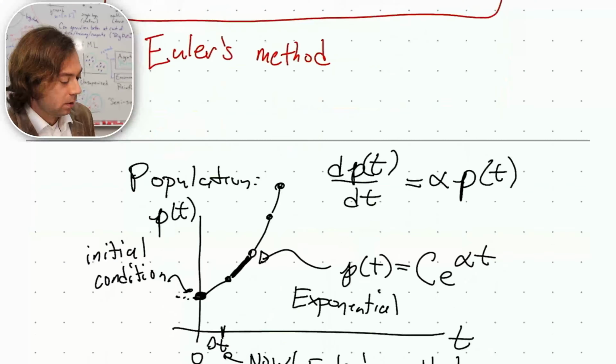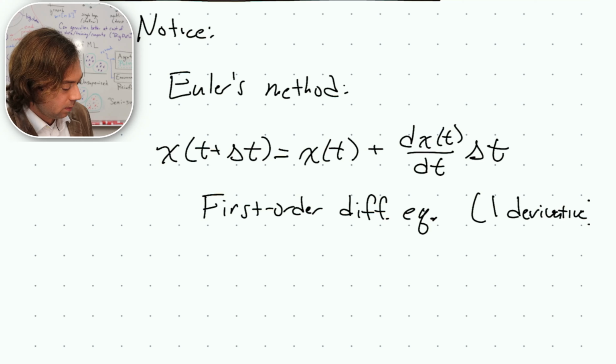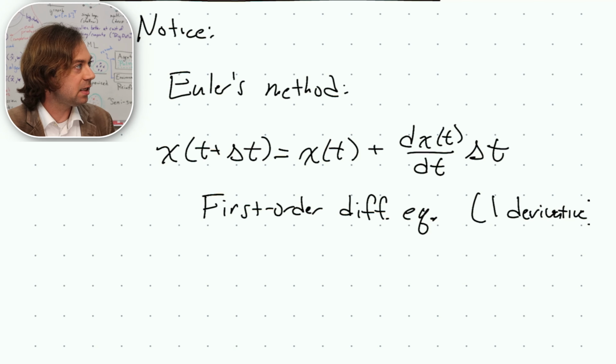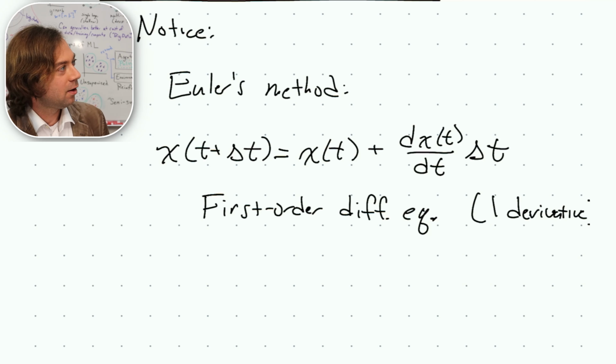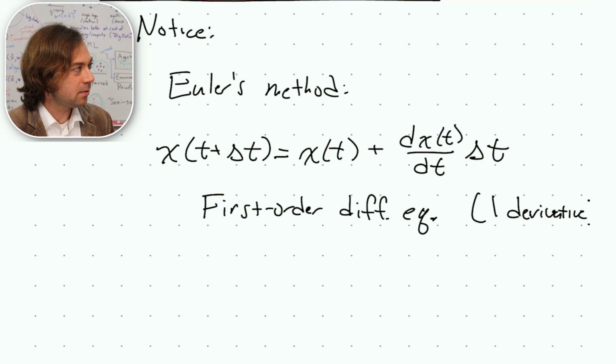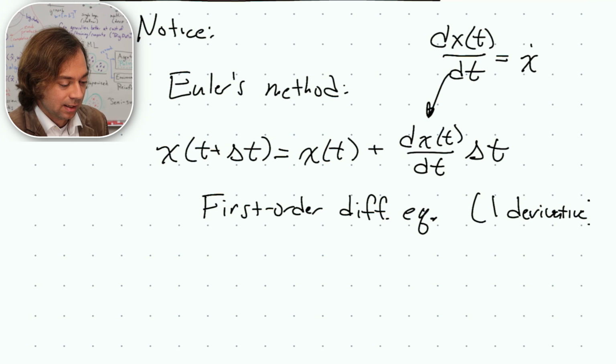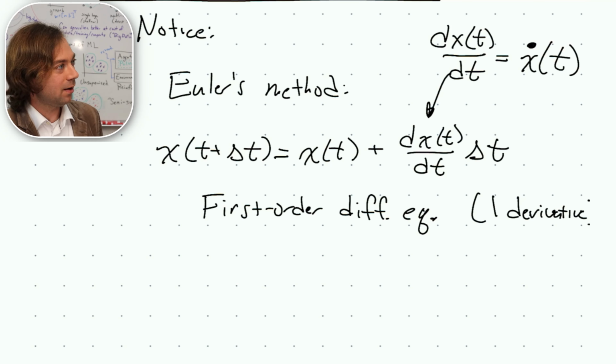Number two, it's exhausting to write dx of t dt or d theta of t dt over and over again. So those of us who work in dynamical systems have a very simple way of writing it. We write dx of t dt as x dot of t. Saves us carpal tunnel. Okay?